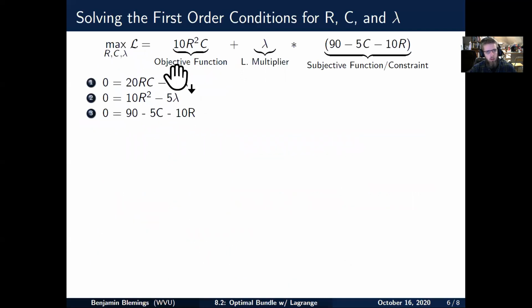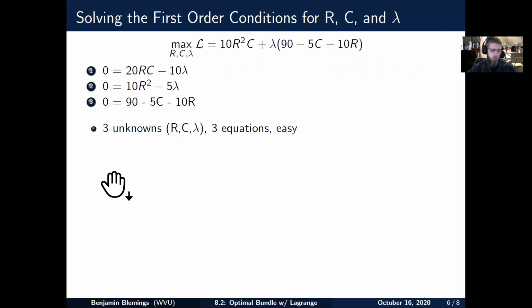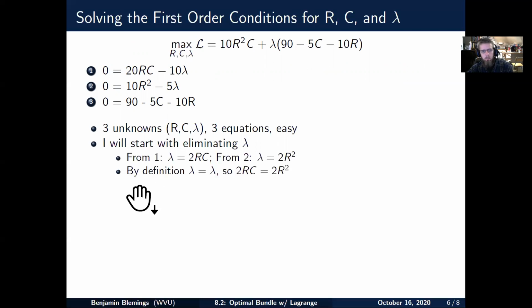Like I've been saying all along, those are our 3 ingredients to Lagrangian. Now what we need to do is solve for R, C, and lambda after setting them all equal to 0, again to find the extreme points of the function. This is just 3 unknowns, 3 equations, right? You got this. This is easy. This is algebra. I'm going to start with eliminating lambda from the system. From equation 1, rearranging to solve for lambda, I know that lambda equals 2rc.